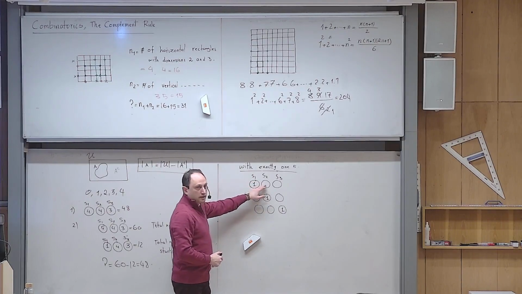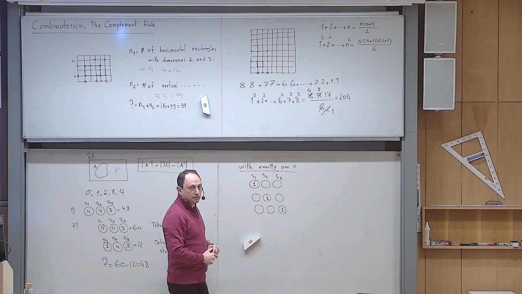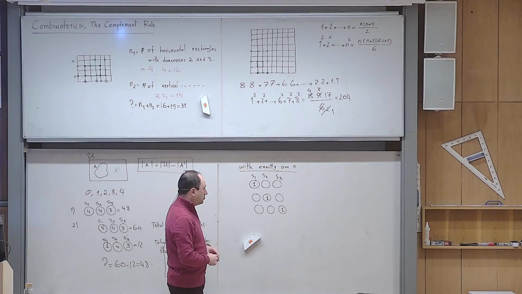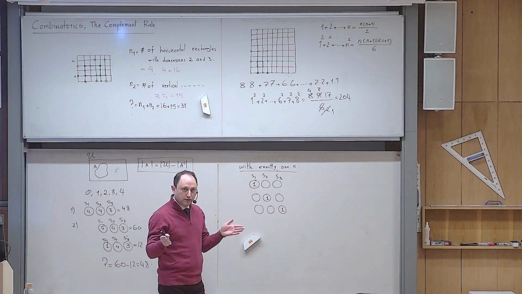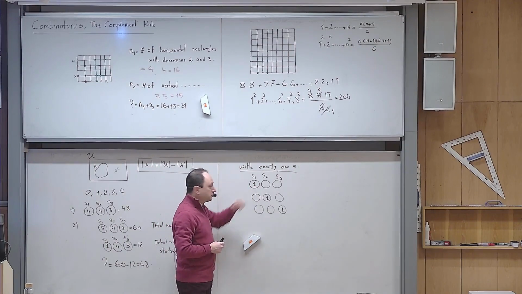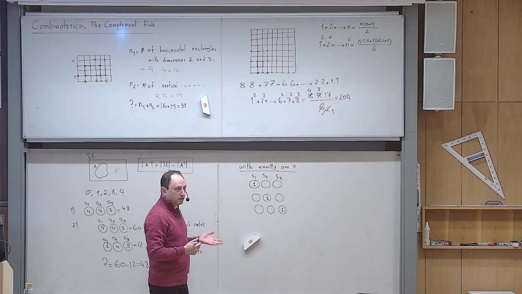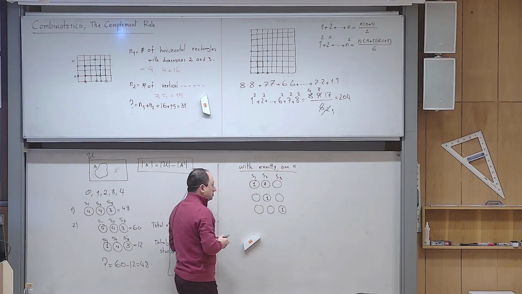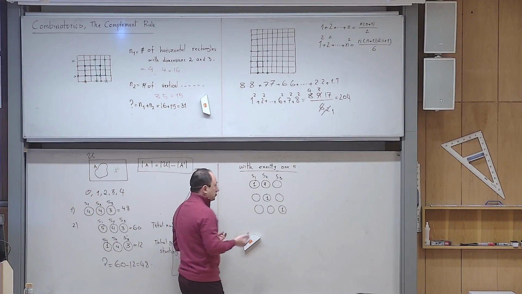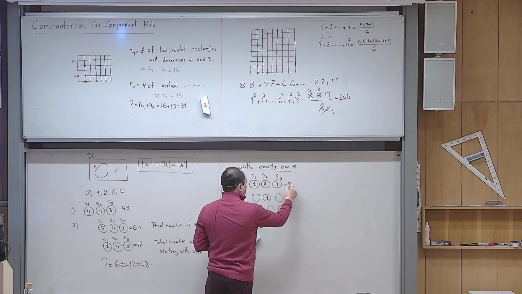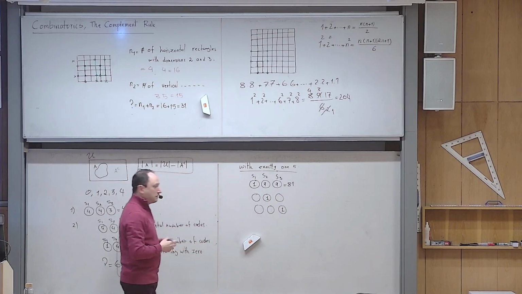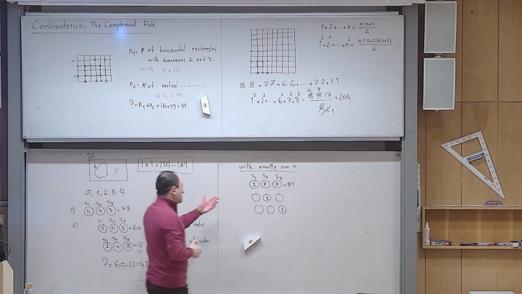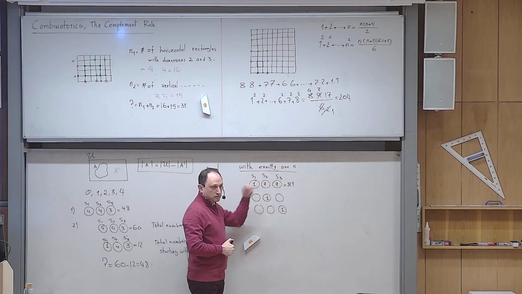How many options are left for S2? 5 is being dropped. Yes, I cannot use 5 anymore. In total, how many digits do I have? I have 10 digits. 5 cannot be used anymore. So how many digits are left? 9. And then how many after that? 9 again. So this is 81. Because it hasn't been mentioned that repetition is not allowed. It means the repetition is allowed, but 5 cannot be repeated.